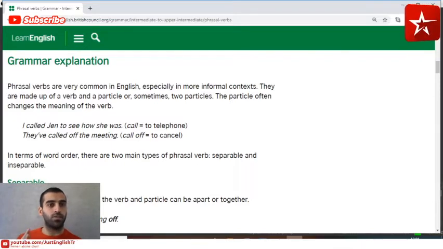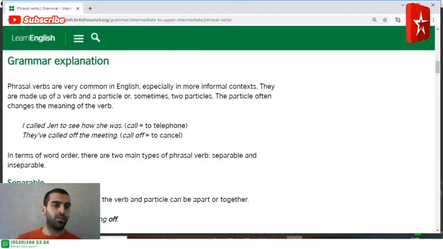The particle often changes the meaning of the verb. For example, call, but call off has a different meaning. It means cancel. I called Jen to see how she was. It means I phoned Jen to see how she was. They have called off the meeting. It means they cancelled the meeting. So call has two different meanings.